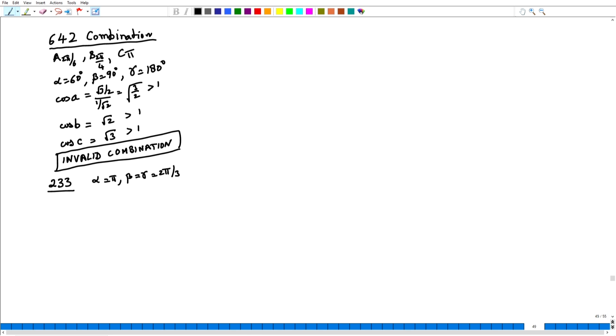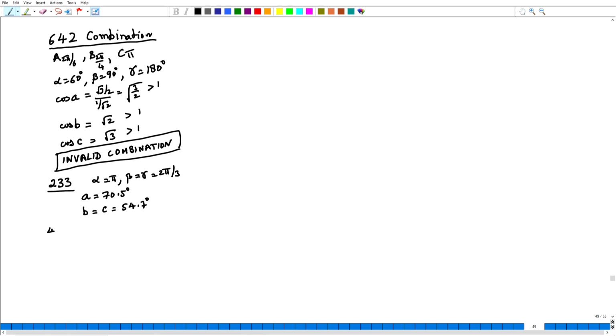Now, if I find the angles A, B and C by substituting alpha, beta, gamma in those equations, I am going to get A equal to 70.5 degrees, and B equal to C equal to 54.7 degrees.